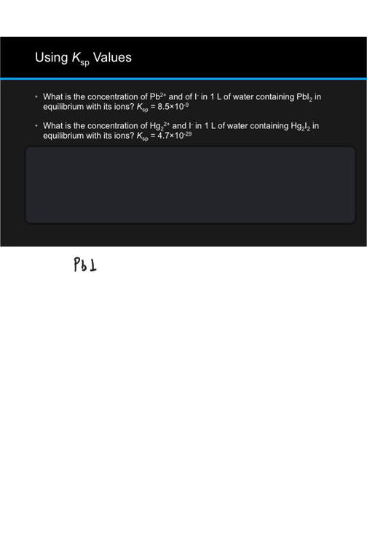In the equilibrium for PbI2 dissociating into ions that we drew on the previous slide, we have a KSP value equal to 8.5 times 10 to the minus 9. What we would like to know is the concentration of these ions, lead and iodide, in 1 liter worth of water containing some PbI2.